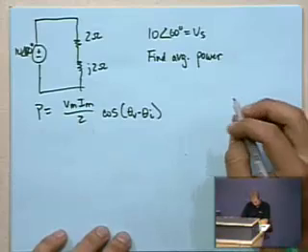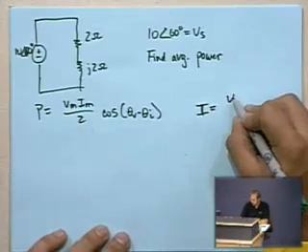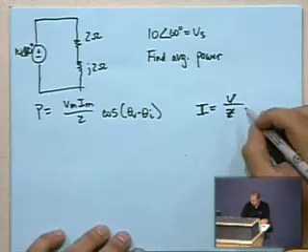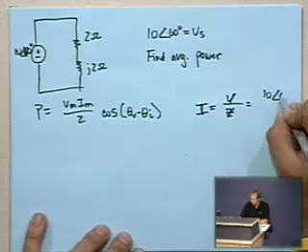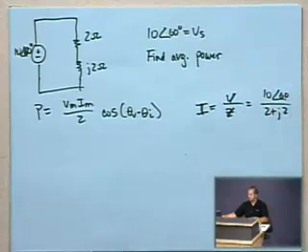So the phasor current will equal the voltage divided by the impedance. And so that's 10 at an angle of 60 degrees divided by 2 plus j2.